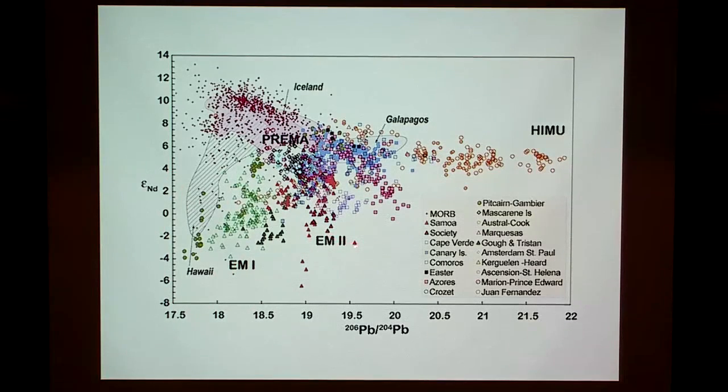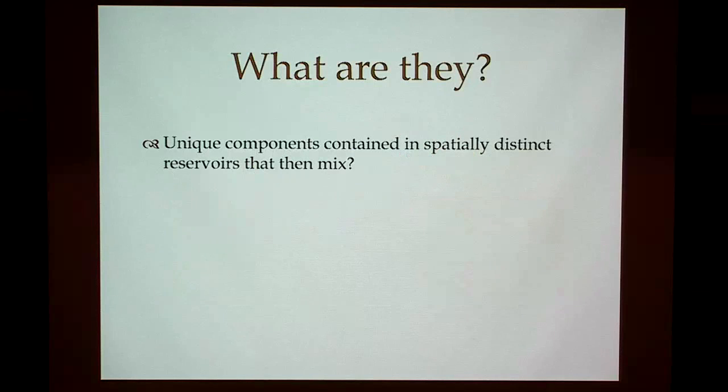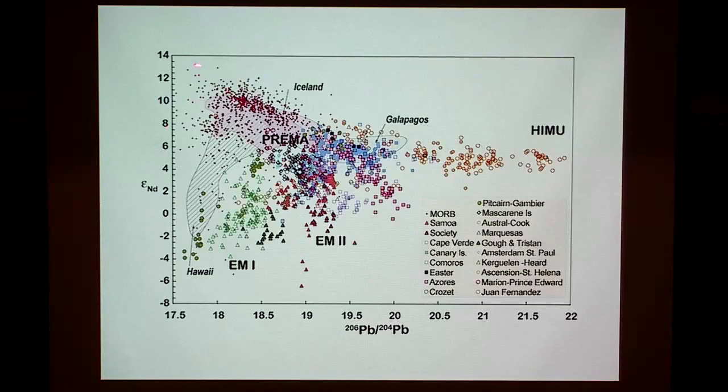EM2s not so unradiogenic neodymium and not so unradiogenic lead, and then the high mu's extending off to only moderate epsilon neodymiums, actually plotting perhaps in the depleted quadrant, but with extremely radiogenic lead. MORB is the red dots again. So that's the mid-ocean ridge basalt field, and most of them are concentrated up here.